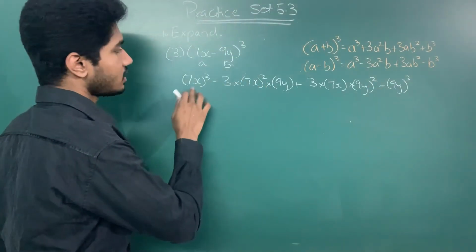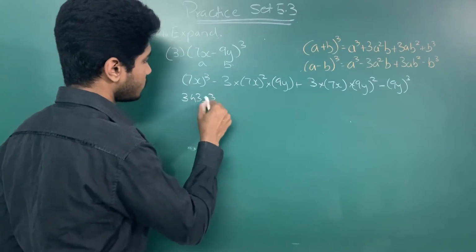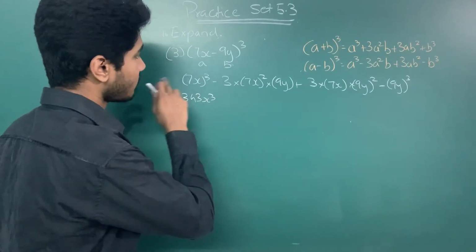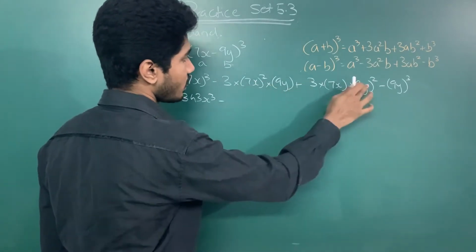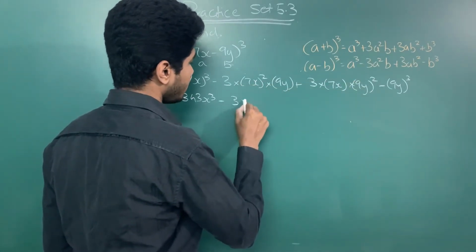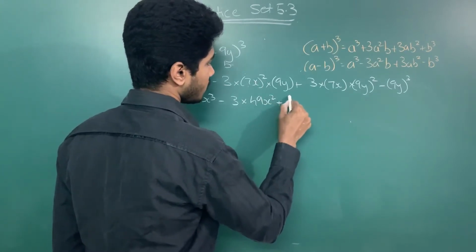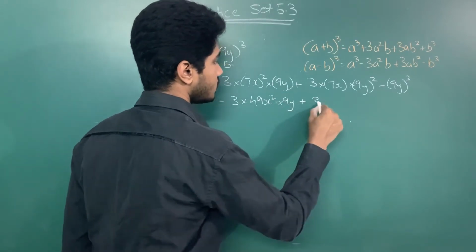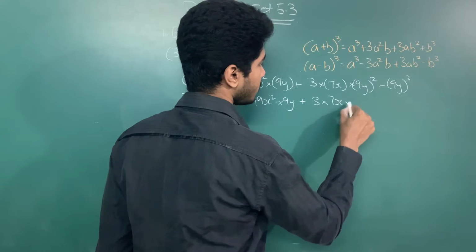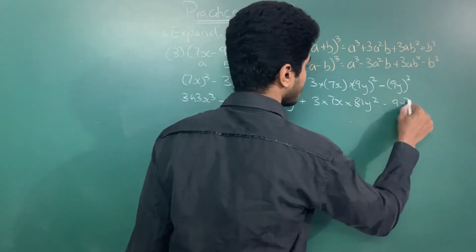So (7x) the whole cube will be 343x cube. पिछले एक्सरसाइज में हमने 7 का क्यूब निकाला था. So minus यहाँ पे फर्स्ट हम स्क्वायर करेंगे. 3 into 7 square will be 49 और x पे स्क्वायर आ जाएगा, into 9y, plus 3 into 7x into 9 square will be 81y square, minus 9y cube.